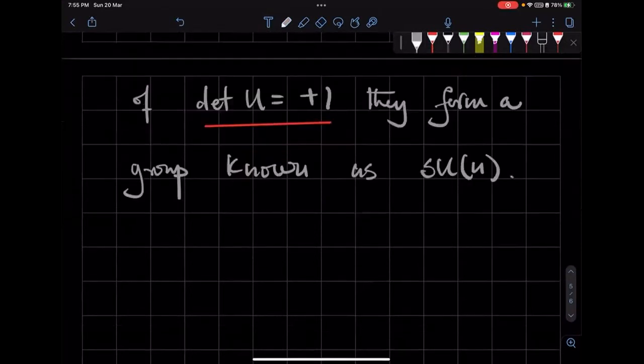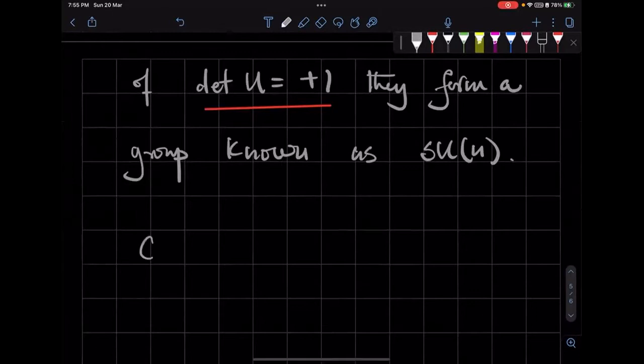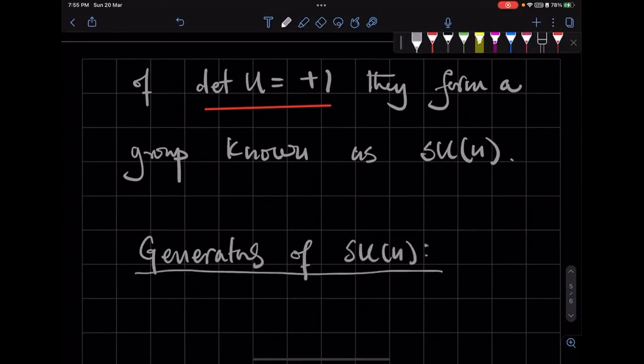Now, what are the generators like? We are interested in the generators of SUN groups. And these are actually quite amazing, useful groups in quantum physics.